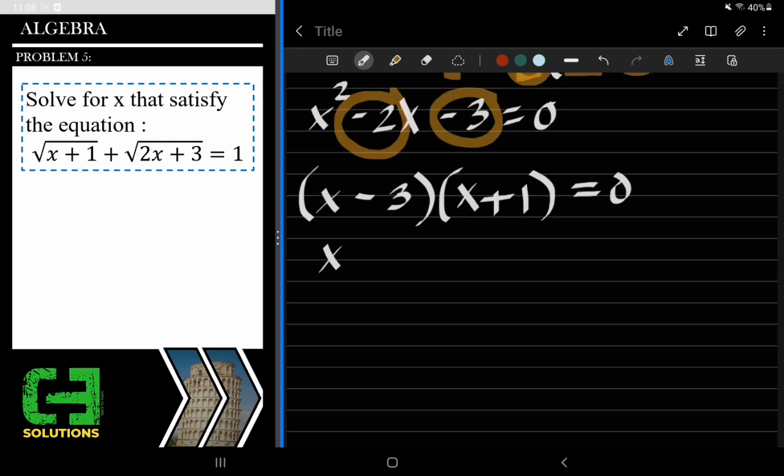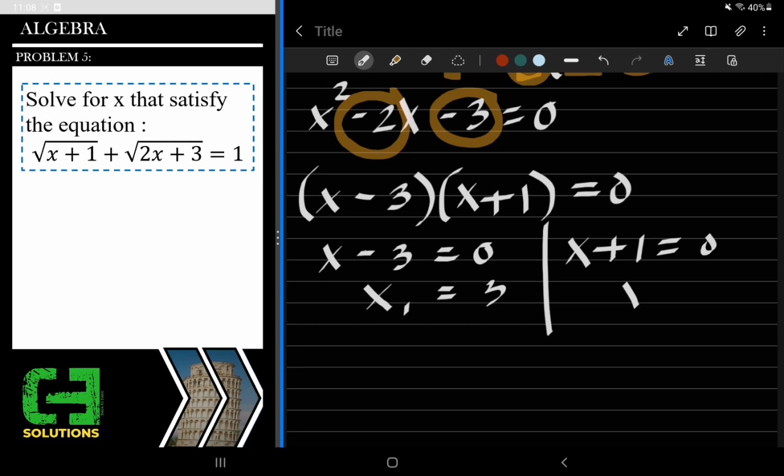To solve for the roots, we will equate each factor to 0. So this is our x1, that is positive 3, and for the second factor equated to 0, that is x equals negative 1.